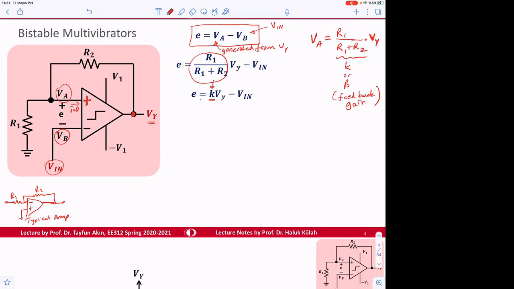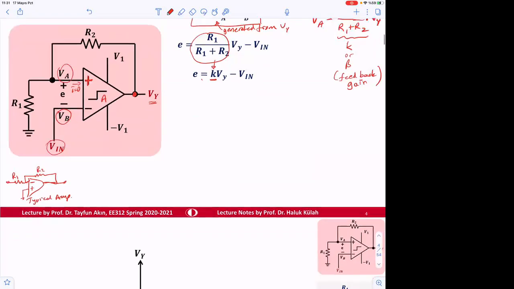What is A times K? A is the gain of this circuit.